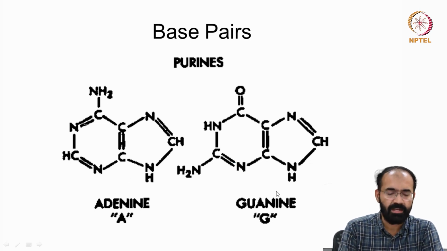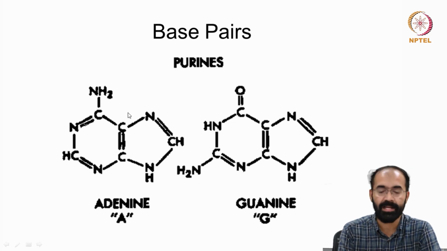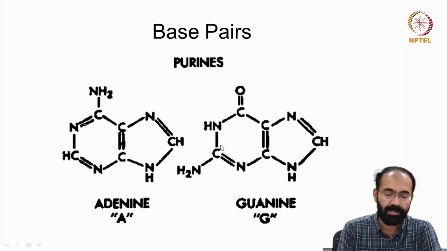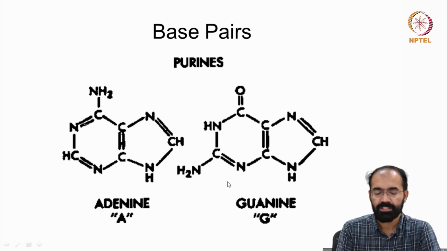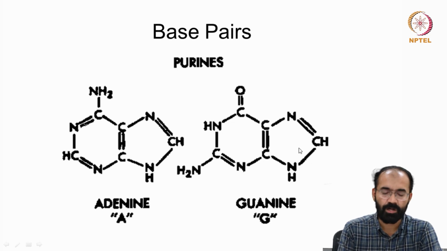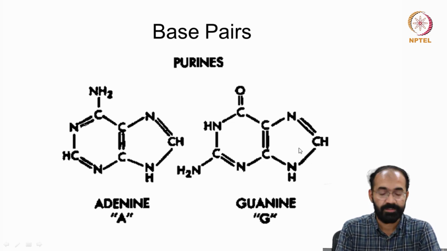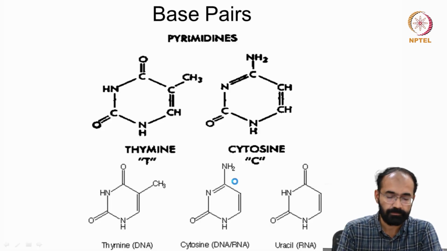Adenine and guanine are very similar in structure, except that the amino group is in a different position in guanine, and the place where the amino group is in adenine, now you have an oxygen, whereas the rest of the chains and parts are not very drastically different. They are more or less the same, and they come under the category called purines.